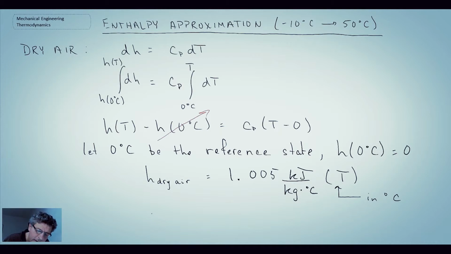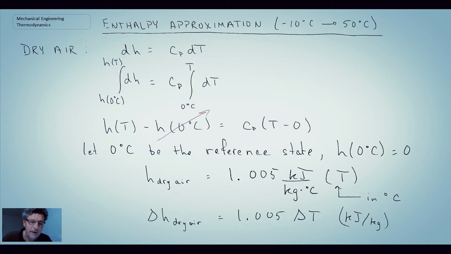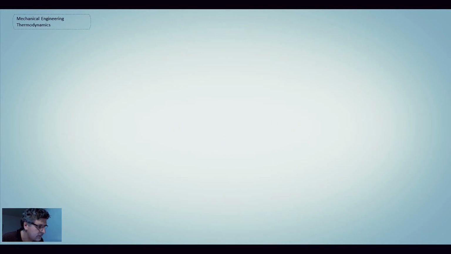And consequently, we can then evaluate the change of enthalpy of dry air as 1.005 delta T. And the units of that would then be kilojoules per kilogram. So that's an approximation that we will be making for dry air. Let's proceed on and take a look at how we can deal with the water vapor.